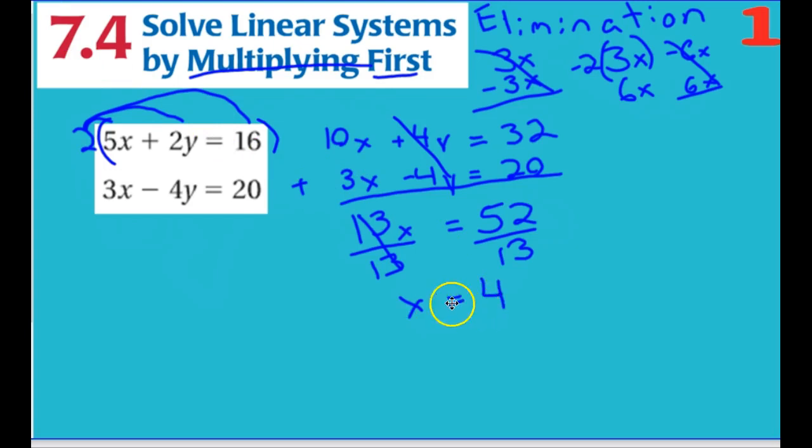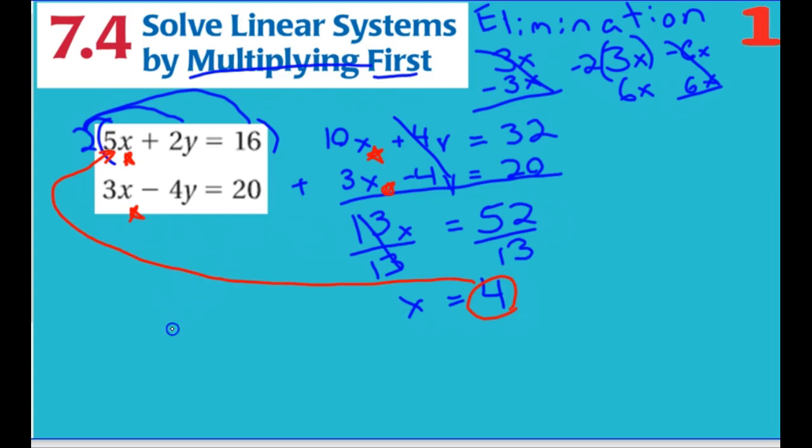So now that we know that x equals 4, we can take this 4 and plug it in for any of our x's. Now we can put it into an x from these two equations or from these two equations, it doesn't matter. But I'm going to take this 4 and plug it into this top equation for x.